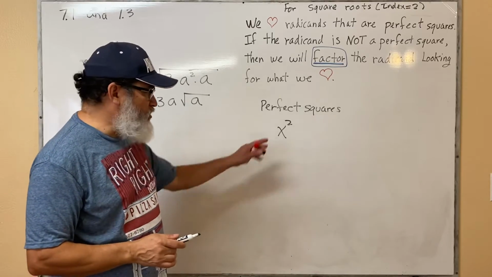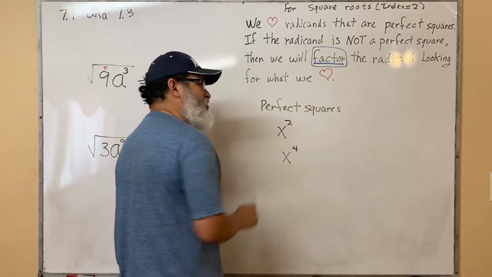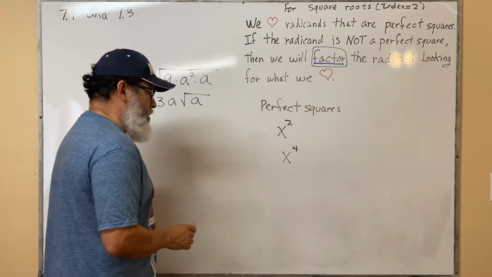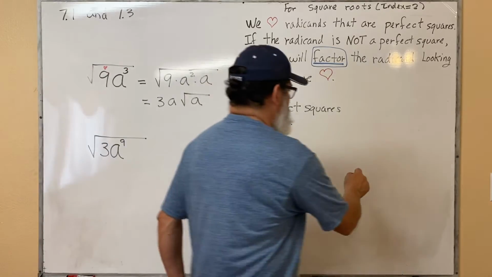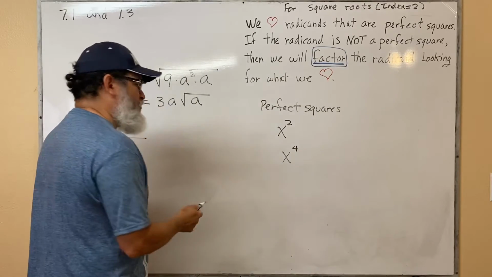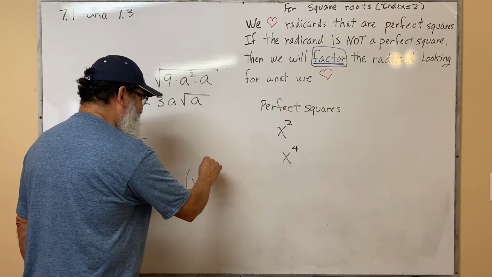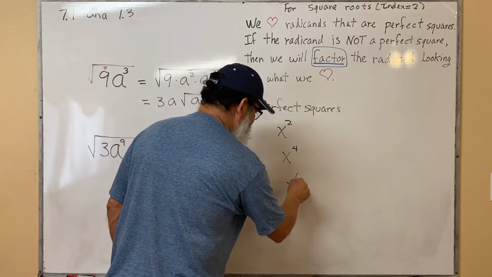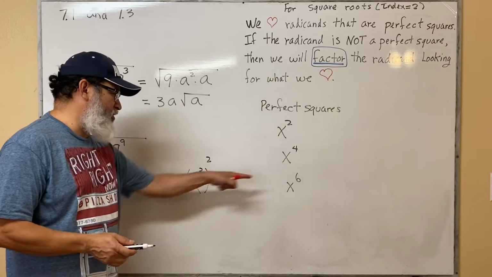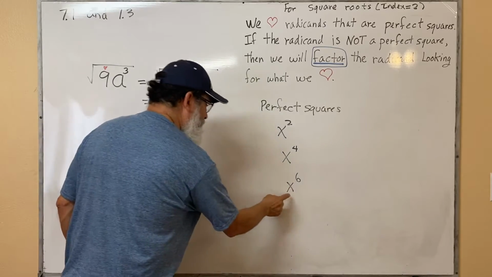If you take x squared and you square it, you get x to the 4th. X to the 4th, that's a perfect square. The next one, another perfect square. If you take x cubed and you square it, you get x to the 6th. Anytime you square something, you get a perfect square. That's a perfect square.